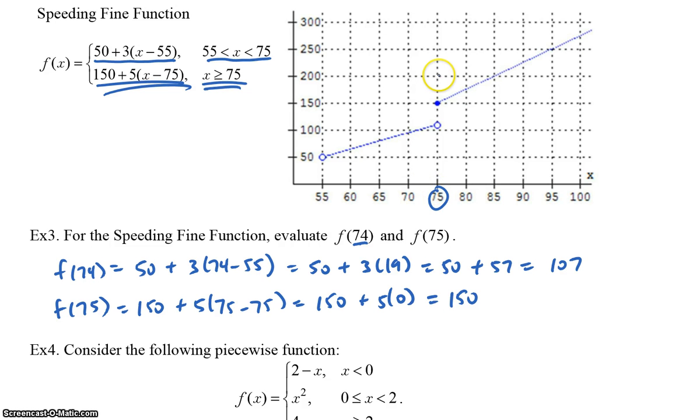And you can see at 75, if you put a vertical line where x is equal to 75, it will intersect the graph only at one point, at that point right there. You have the other point open because you cannot have two different function values for one value of x. For every x there must be one and only one y value.